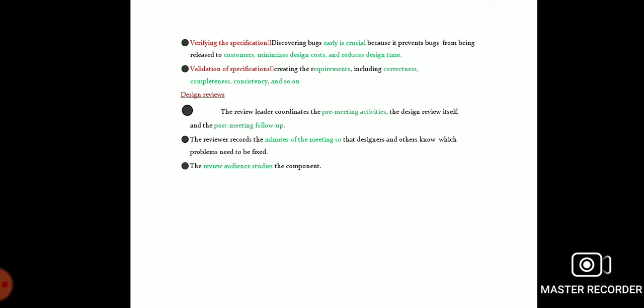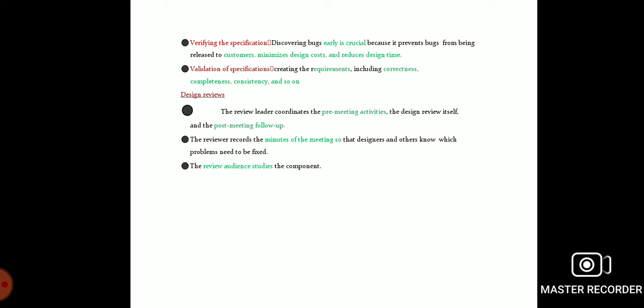Now, verifying the specifications. Discovering bugs early is crucial because it prevents the bugs from being released to customers, minimizes design cost and reduces design time. And finally, validation of specification: creating the requirements including correctness, completeness and consistency.